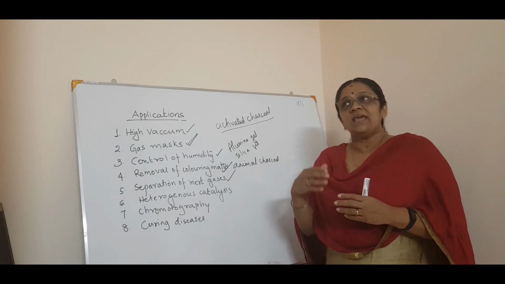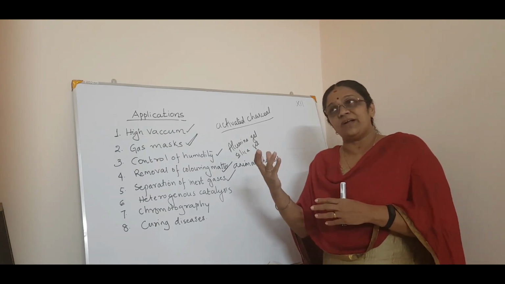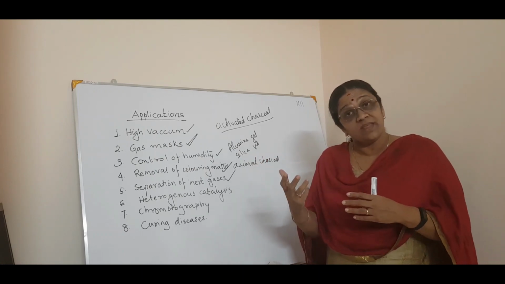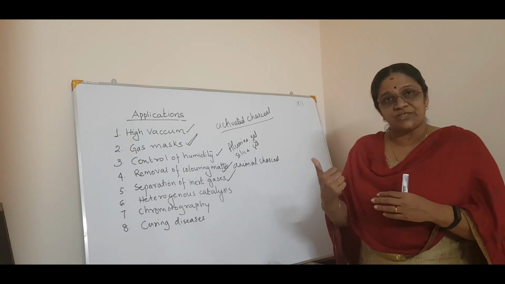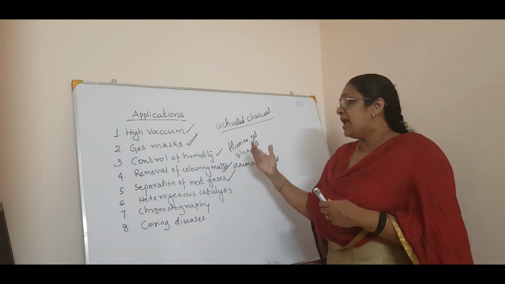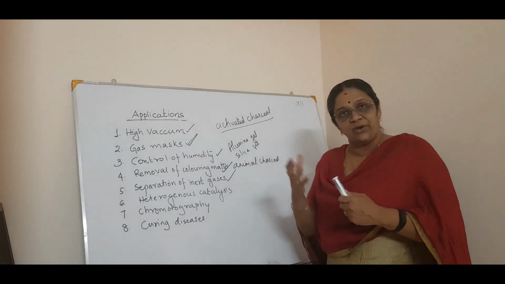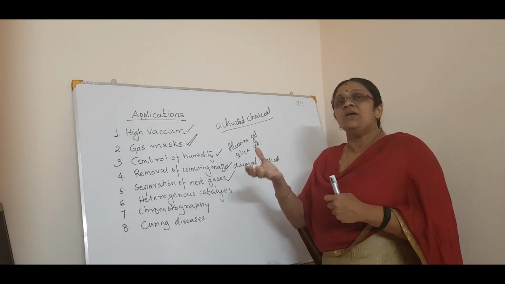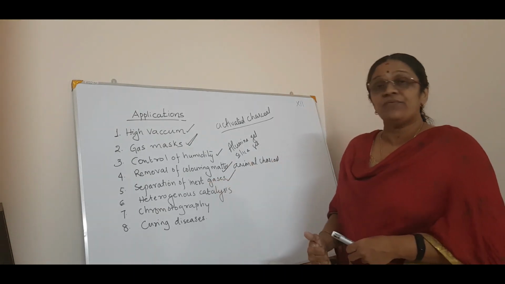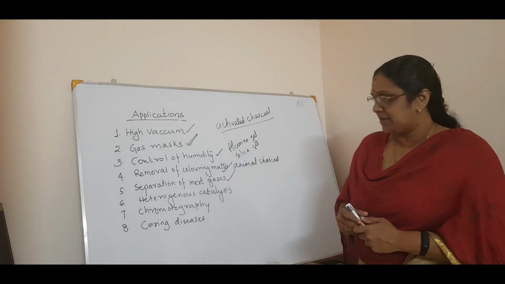Helium has a different degree of adsorption than neon or argon, etc. So depending upon the degree of adsorption, you can separate the inert gases by putting activated charcoal into the vessel or container in which the inert gases are there. So that is the separation of inert gases. That is also easy.